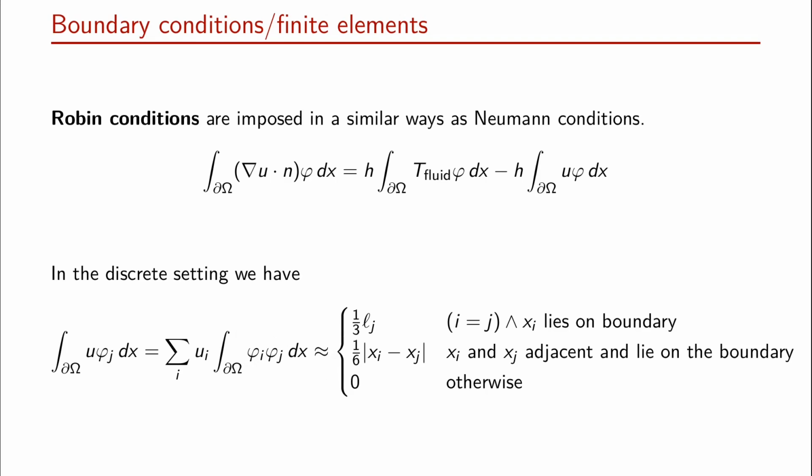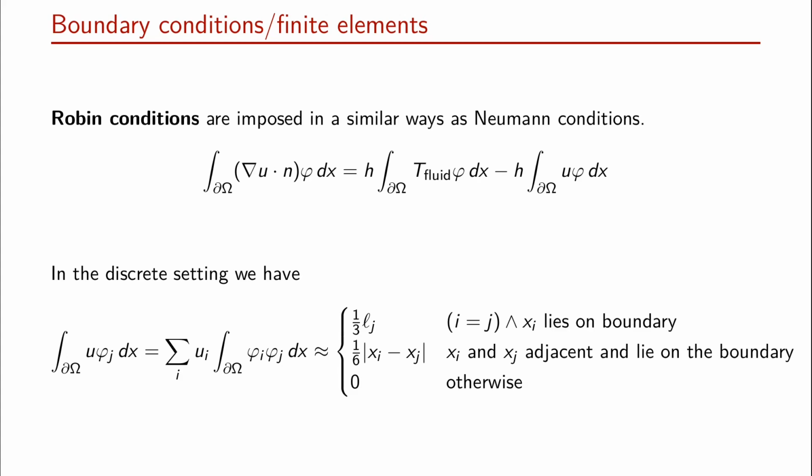Once again, I should say here that if either i or j do not lie on the boundary, there's no contribution from this. And once again, this makes sense because this is really a term which should enforce boundary conditions. In the interior of the domain, this really doesn't do anything. But on the boundary, if i is equal to j and the point lies on the boundary, then we have to compute this integral.